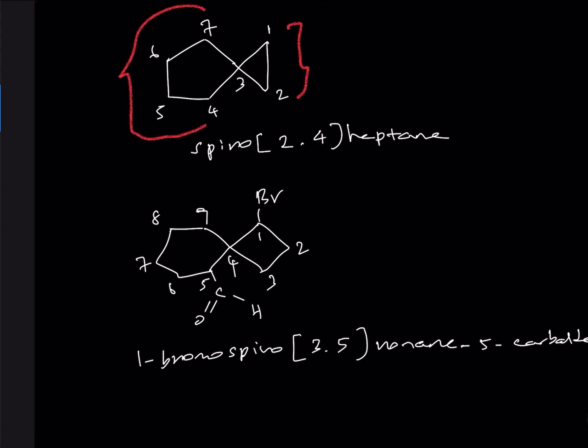Let's look at one more example. Let's say you have a structure like this. One isopropyl group, one methyl group, and then you have another 5-membered ring, there one ethyl group.